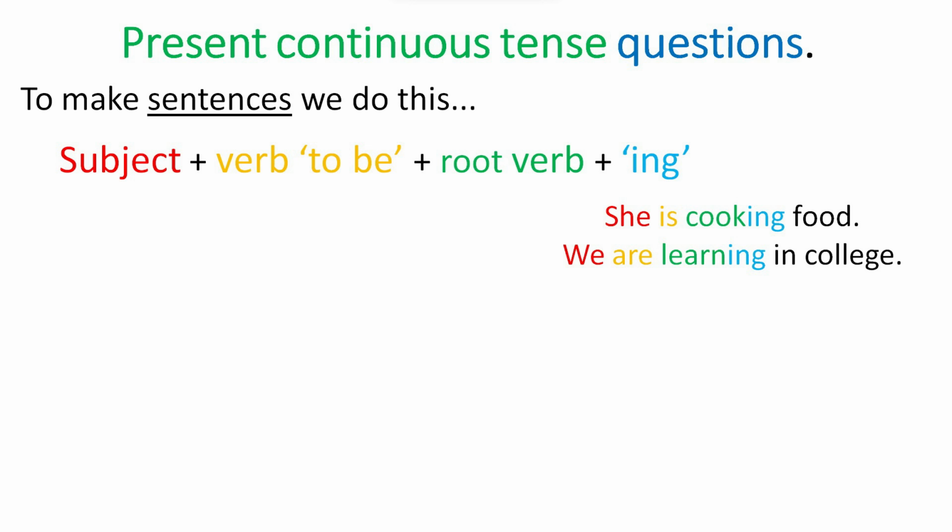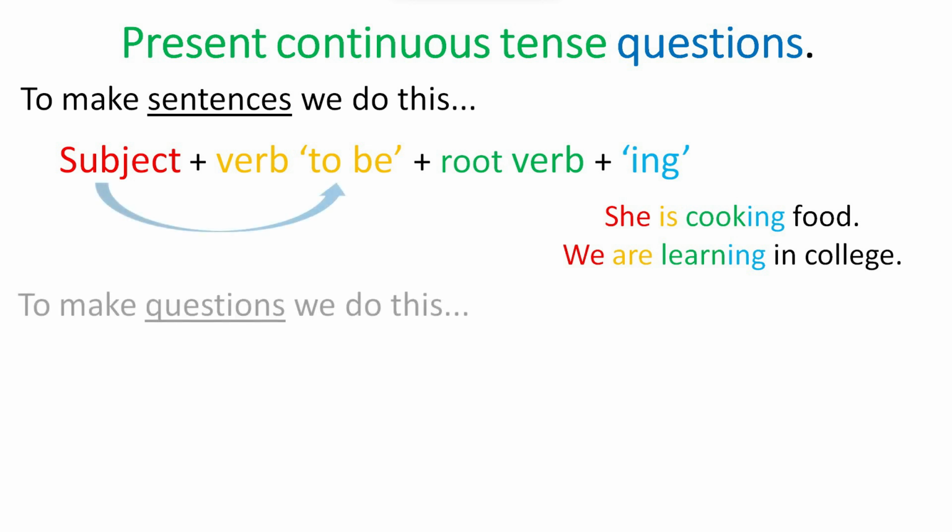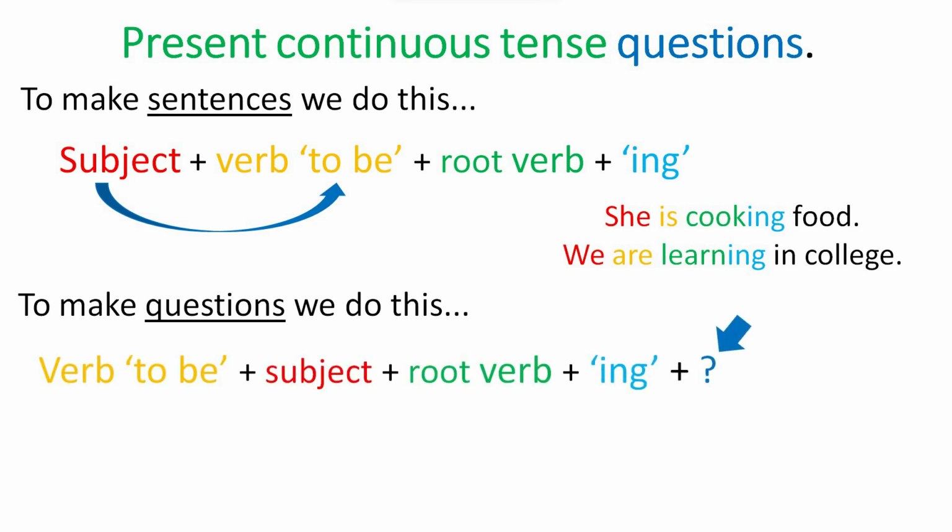To make questions in the present continuous tense, all we need to do is swap the subject and the verb to be around and add a question mark at the end. This means the form becomes verb to be, then subject, then root verb, then ing, and a question mark at the end.